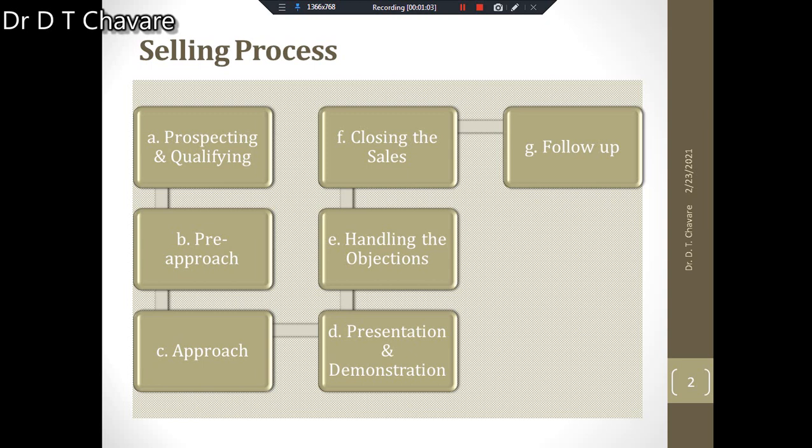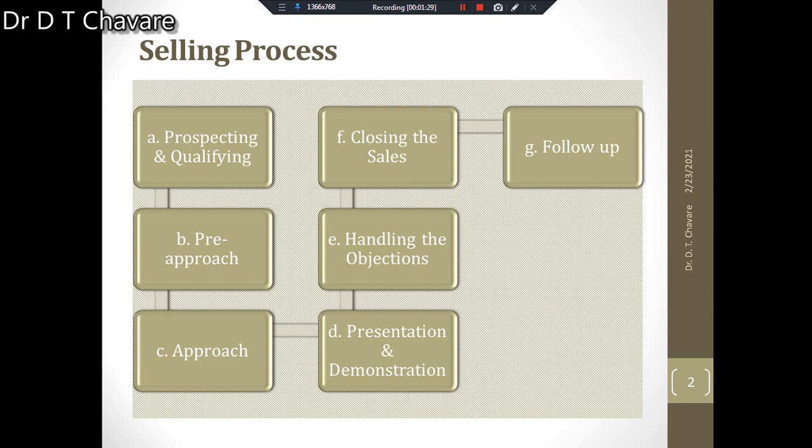Therefore, while making the sales talks between the salesman and customer, the salesman should select the selling points in terms of the need to be satisfied. It means that such points the salesman should select, and those points should be explained in front of the customers.